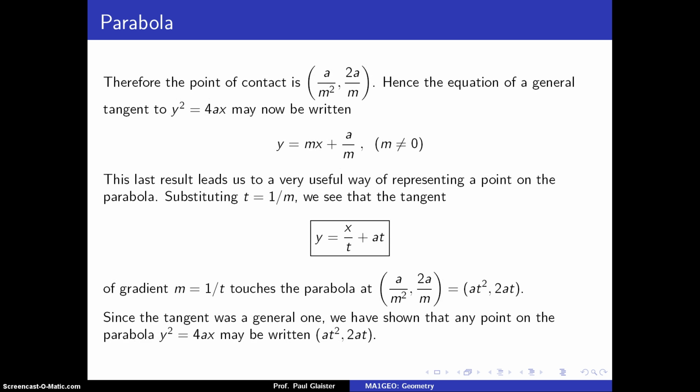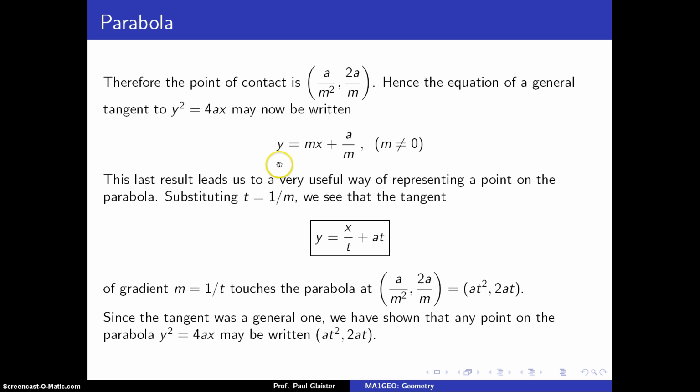What that means is that the point of contact of a tangent to the parabola will have the form a divided by m squared, obviously provided m is non-zero, and the y coordinate is 2a over m. So what we've shown is that y equals mx plus c is a tangent provided c is a over m.